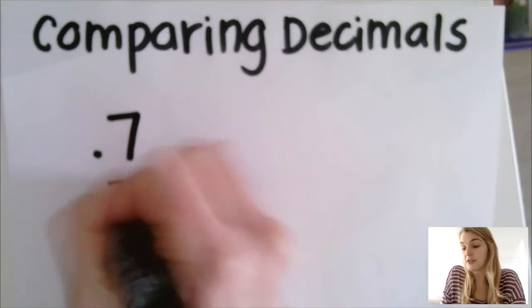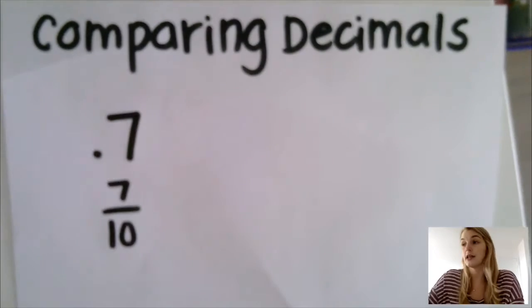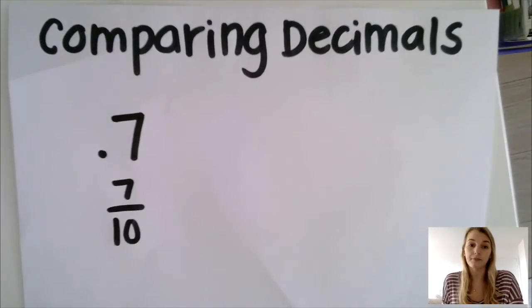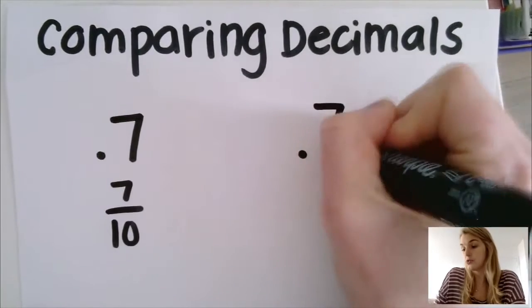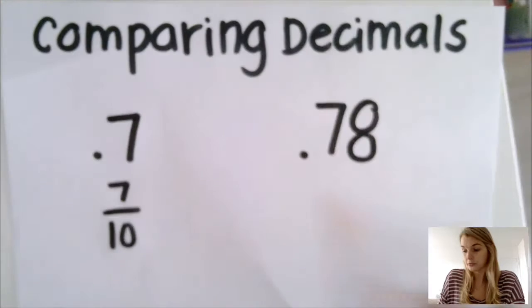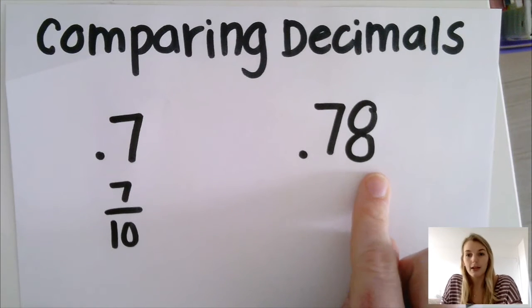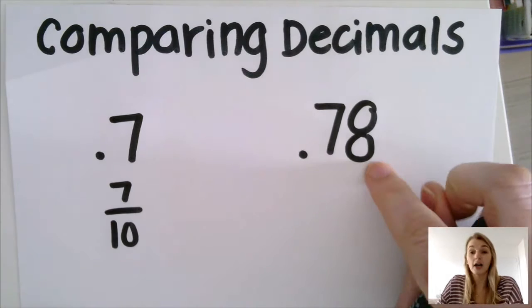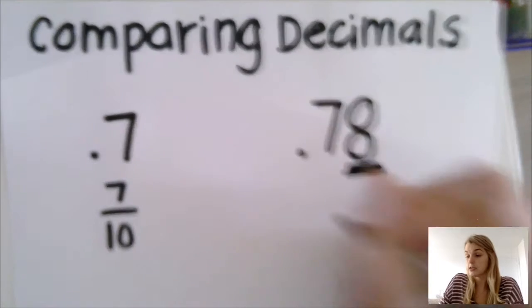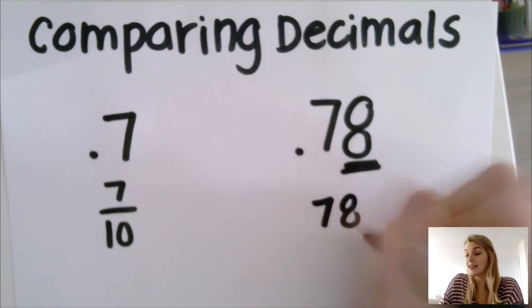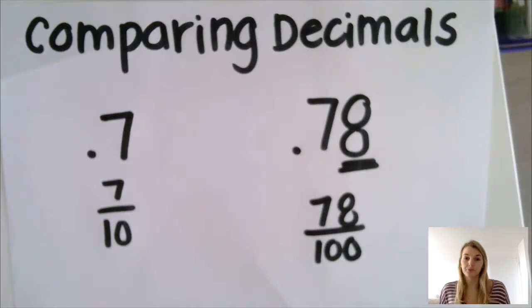That's the same thing as the fraction 7 over 10, 7 out of 10, 7 tenths. Now let's use that same example, except in this case we have 78 hundredths, because we see that 8 is in the hundredths place. So we would write 78 hundredths.